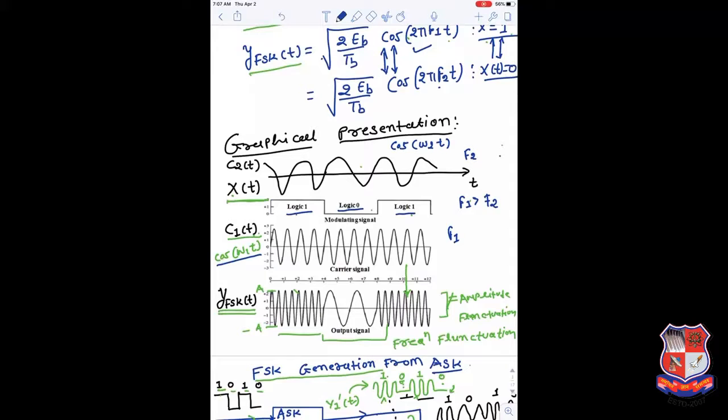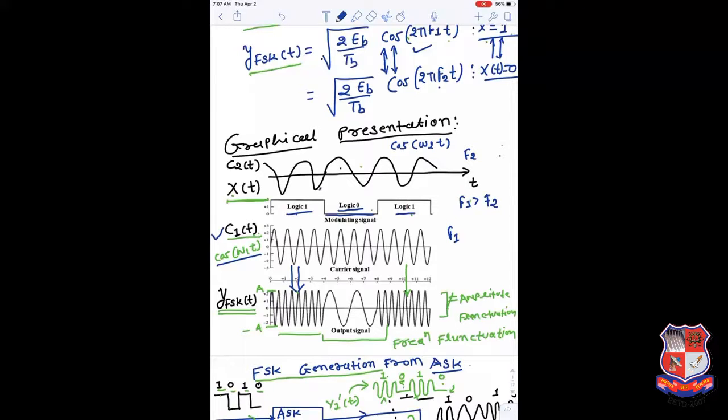Whenever there would be a logic 1, we will go with the carrier signal C1 of t. So this bit can be encoded with this carrier signal which is represented here, this portion. Whenever there would be a logic 0, it can be encoded with the carrier signal C2 of t.